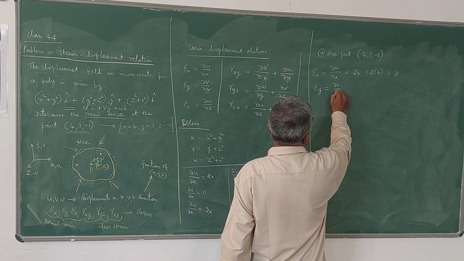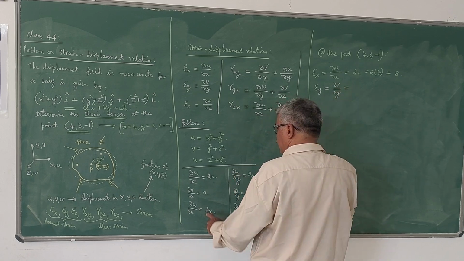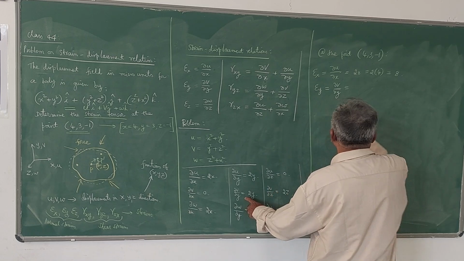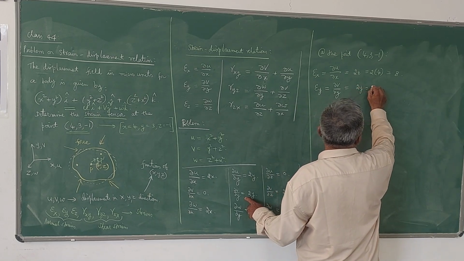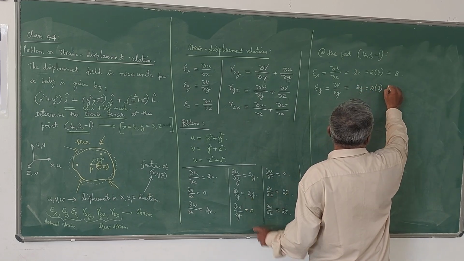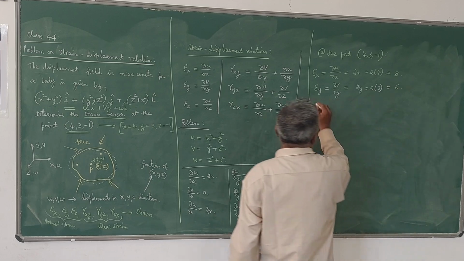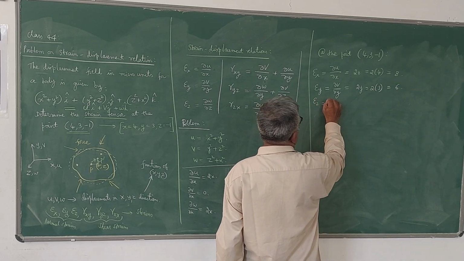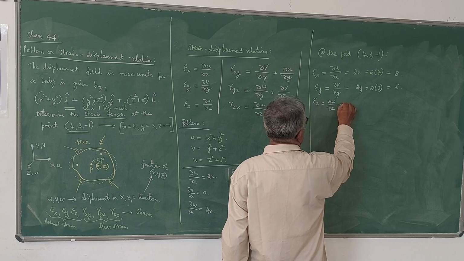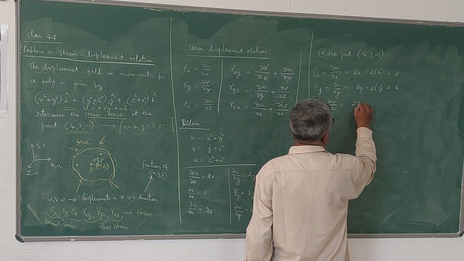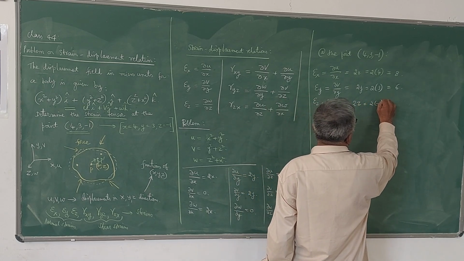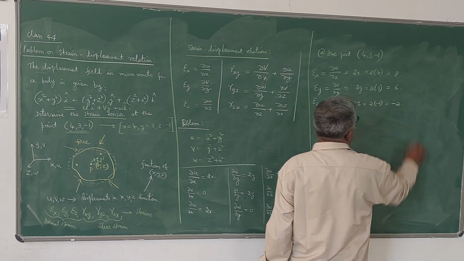Numerical value is important. Next, what is epsilon y? Dou v by dou y. So dou v by dou y here is 2y. 2y means it is 2 into 3, y is 3, so 6. Next, epsilon z. Dou w by dou z. Dou w by dou z is 2z. It is 2 into minus 1, that is minus 2.